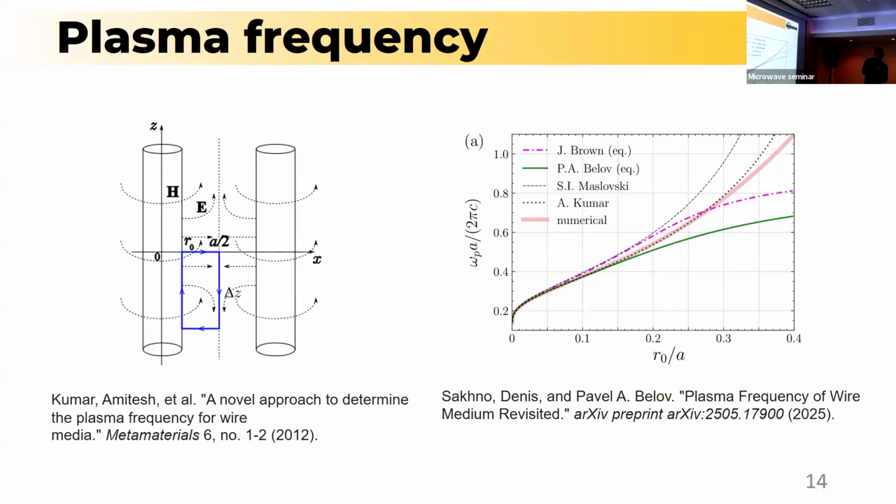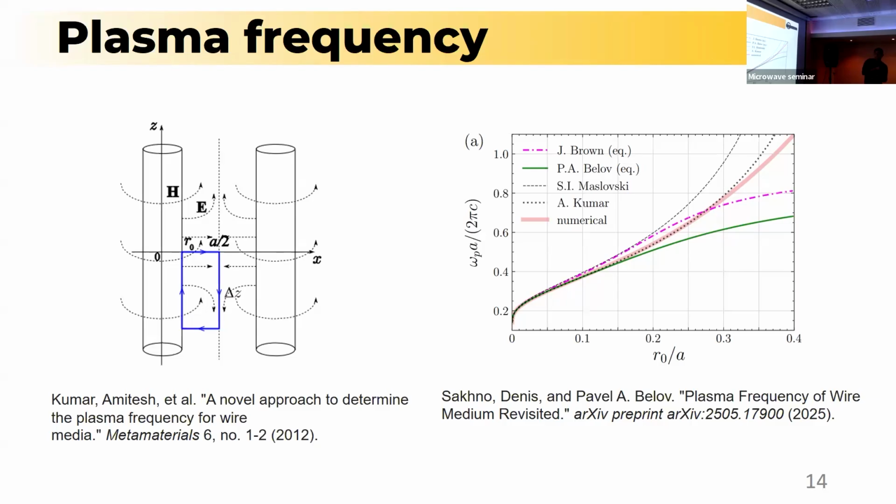The path that we choose for this work is the one that uses an analytical model to calculate that plasma frequency. Particularly, we use a quasi-static approach by this author, and we can also see that it was compared with the numerics in another work of my colleagues. And we see that there is a good agreement.